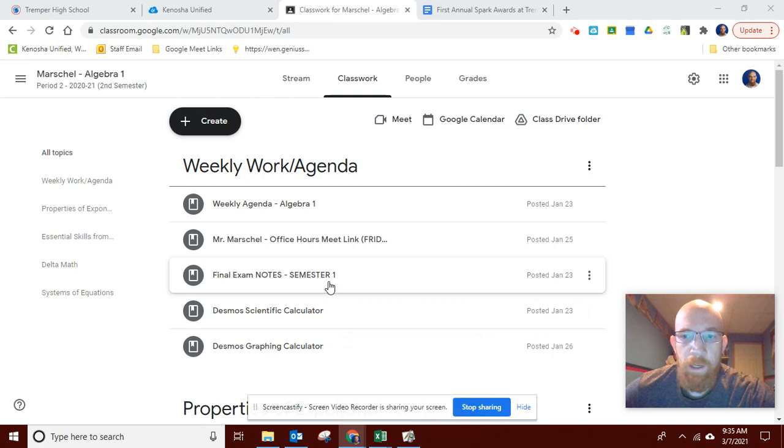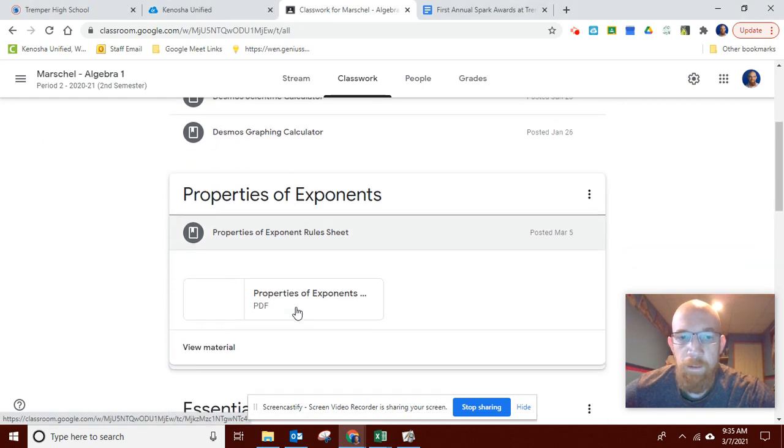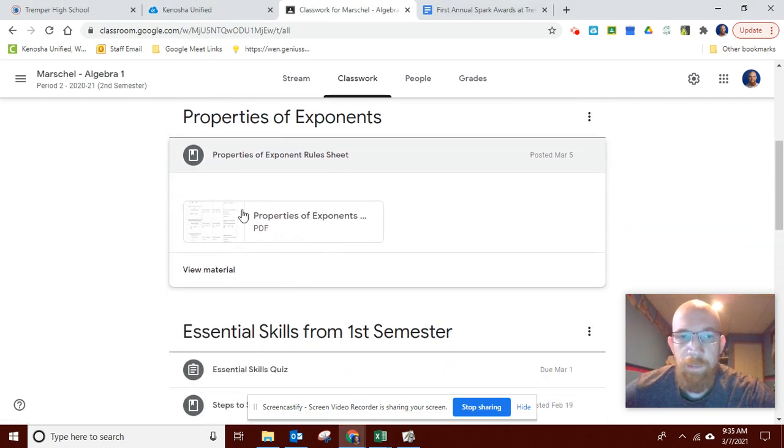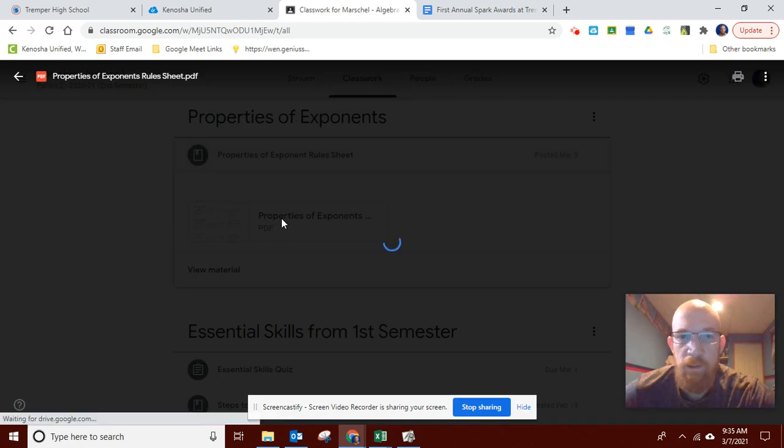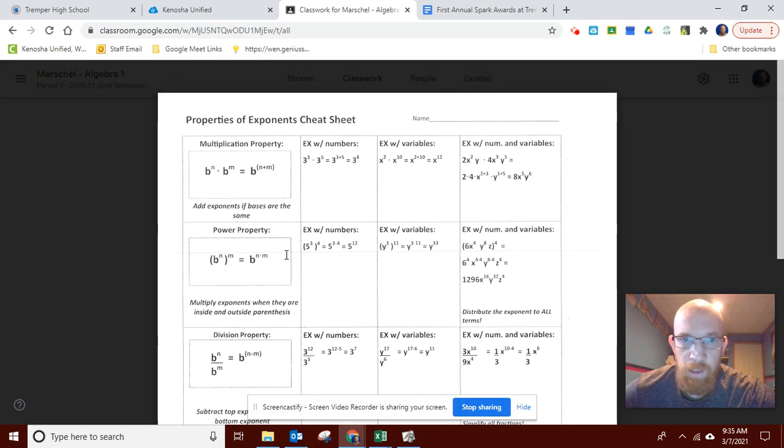One thing I wanted to point out really quick is that there is a properties of exponents rule sheet that I uploaded for you. If you click on that, you should be able to open up this rule sheet. If I was a student, I would have this out as it has the rules that you need.